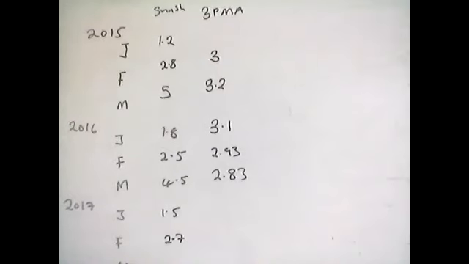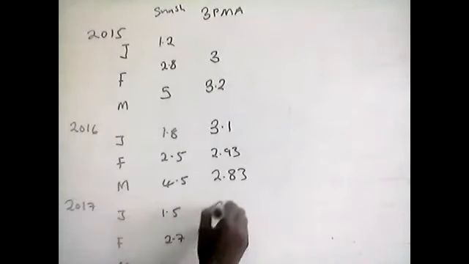So 4.5 plus 1.5 plus 2.7, divide by 3, 2.9. This is 2.9.